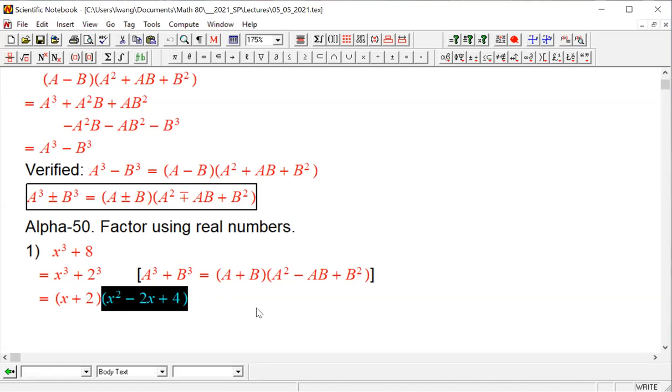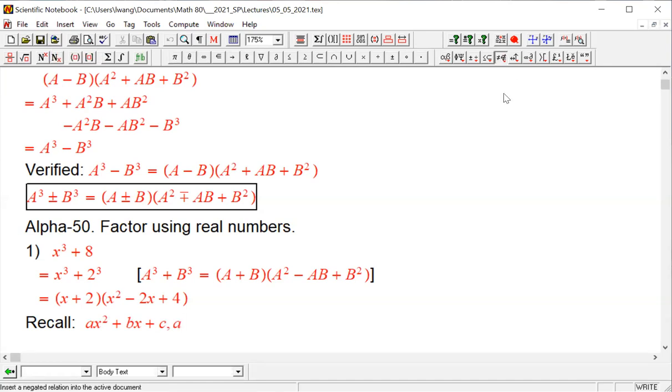The question is, can we factor this further? From what we discussed yesterday, recall, this quadratic, if it can be factored, quadratic form are like these, where A is not 0.